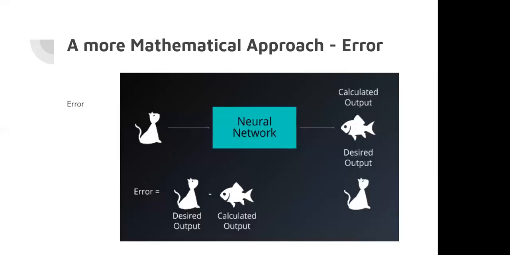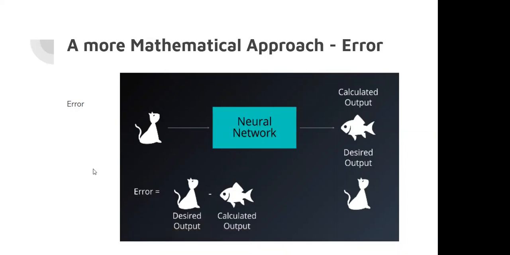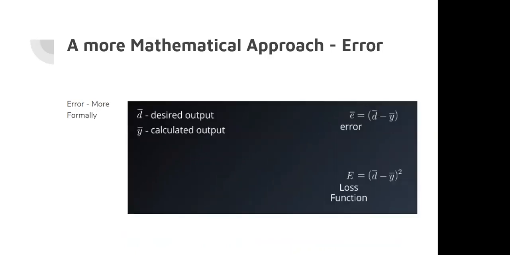In our case, you input a cat and the network calculates a fish. However, your output should have been a cat. So the error becomes desired output minus calculated output. It's not exactly cat minus fish, but desired output minus calculated output.